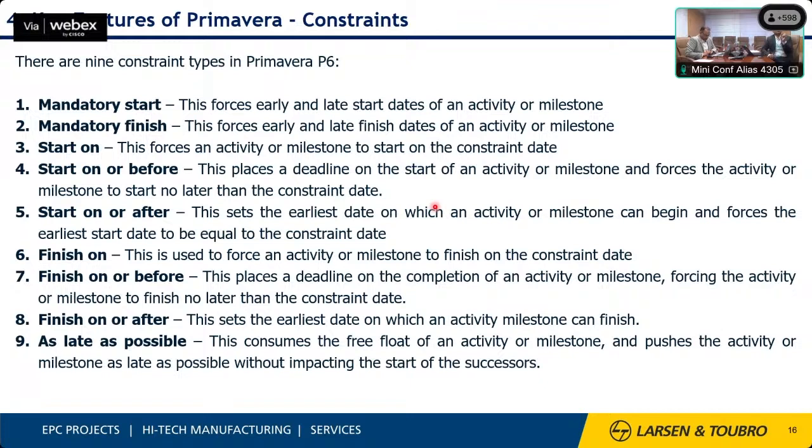The program should comply with such things even in the event of a delay, or even when progress is well ahead of schedule; this 14-day period should not get changed. So multiple types of constraints are available in Primavera. Depending upon our requirement, we can assign these constraints so that the basic philosophy of engineering is retained.